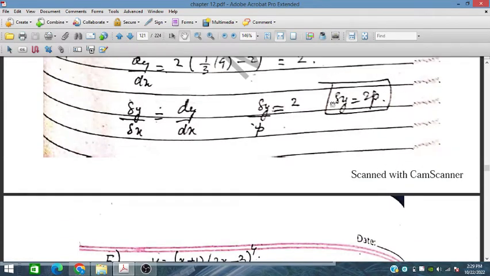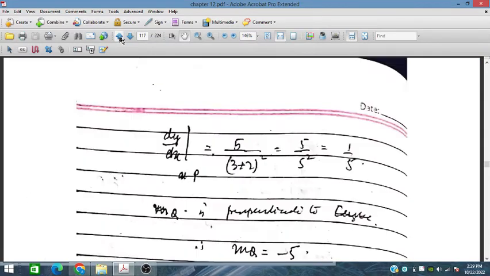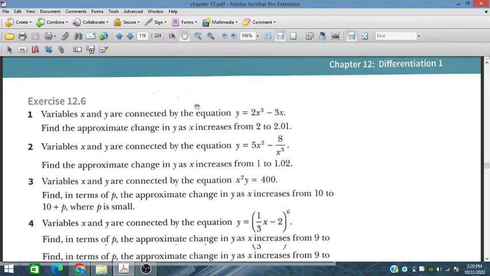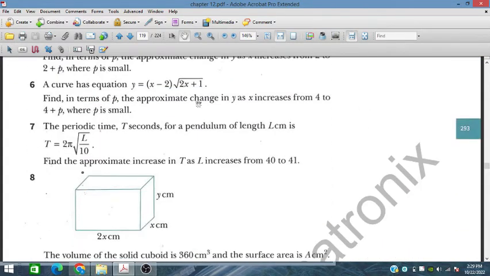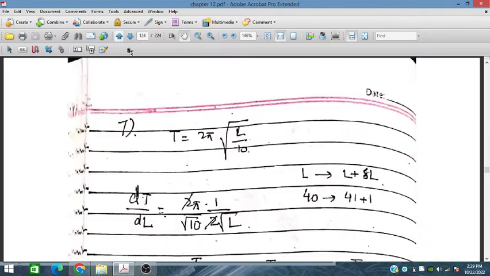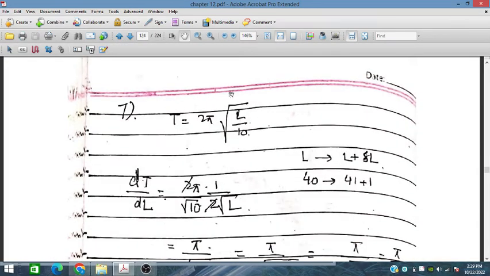Now move to problem number 7. So this is basically T is equal to 2 pi under root L upon g. This is the simple pendulum equation, which you also use in books of physics.